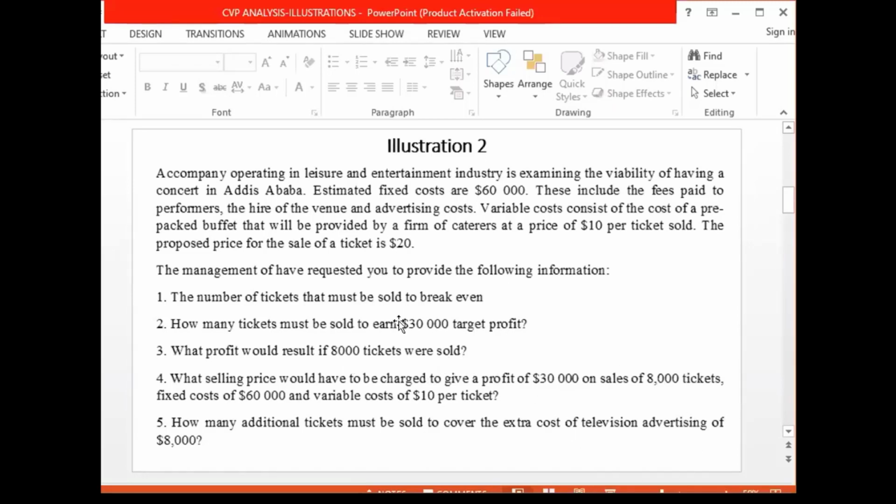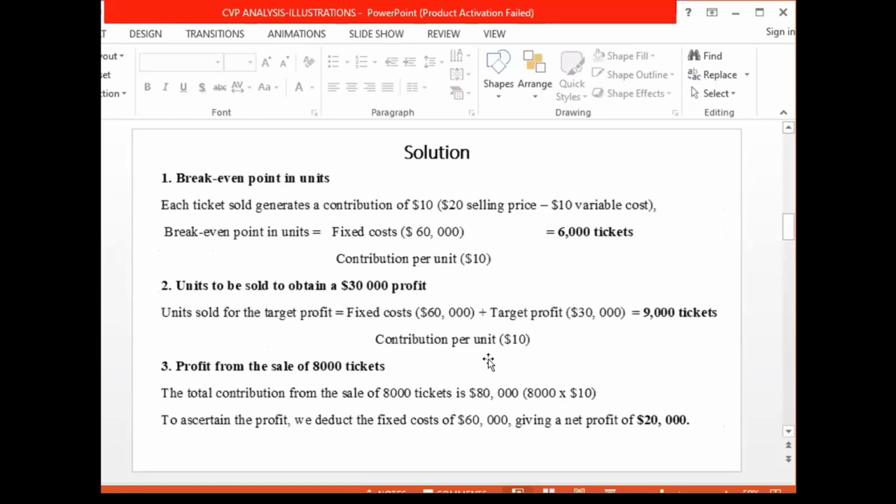The total contribution from the sale of 8,000 tickets is 8,000 times 10. 10 is the contribution. So to ascertain the profit, we deduct the fixed cost of 60, giving us a profit of 20.